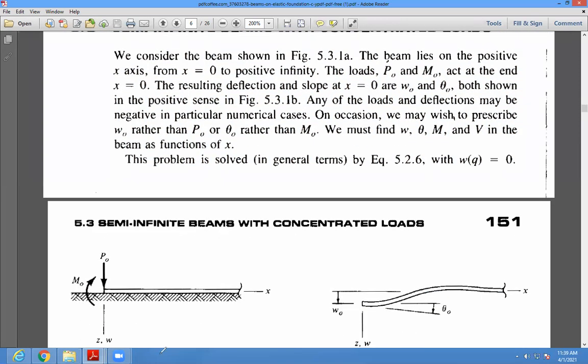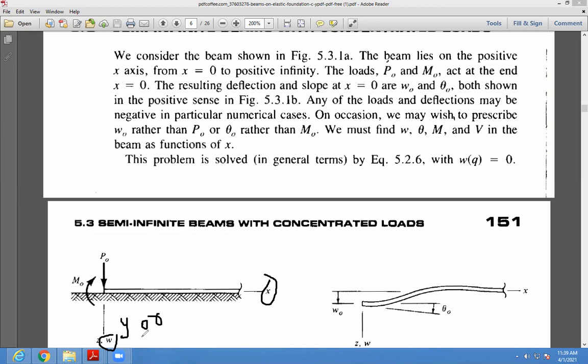Suppose we have considered this beam, horizontal axis is your x-axis and vertical axis is z, and W is nothing but deflection, that is we have taken as y, or you may call it delta also. W is called a deflection, right?